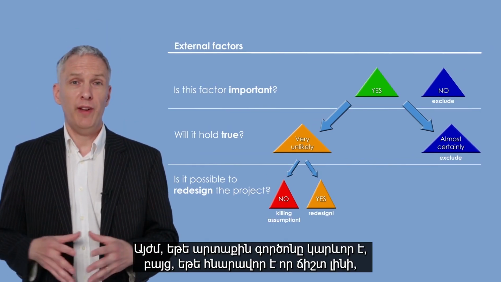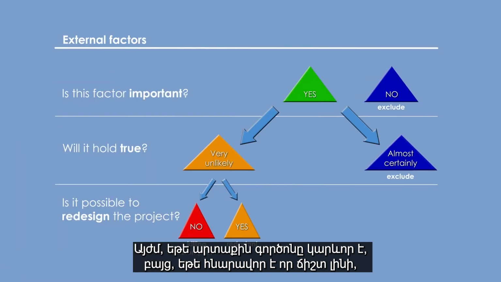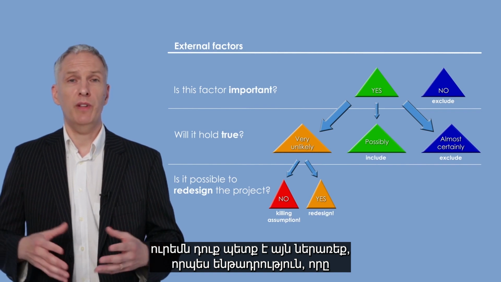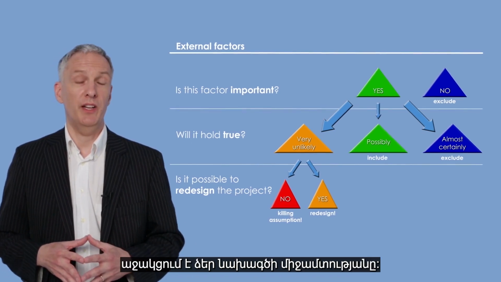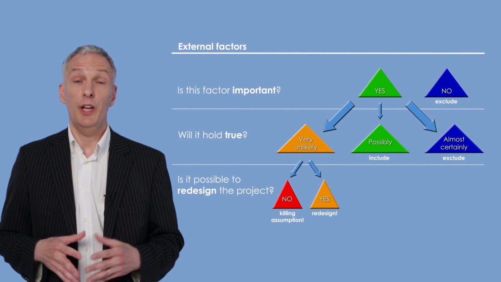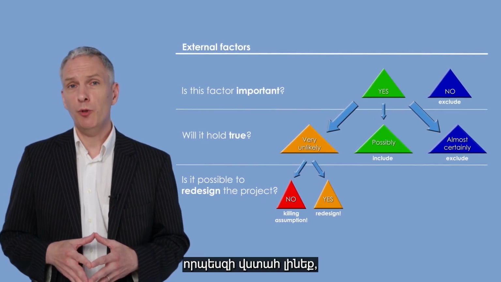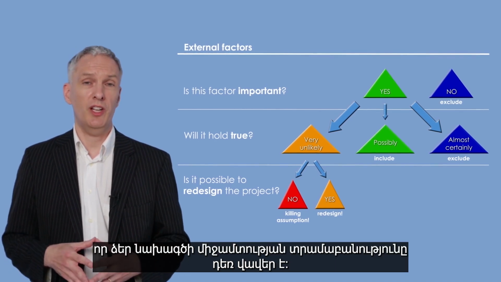Now, if an external factor is important, but if it will only possibly hold true, then you will need to include it as one of the assumptions supporting your project intervention. You will need to monitor this assumption during implementation in order to make sure that your project intervention logic is still valid.